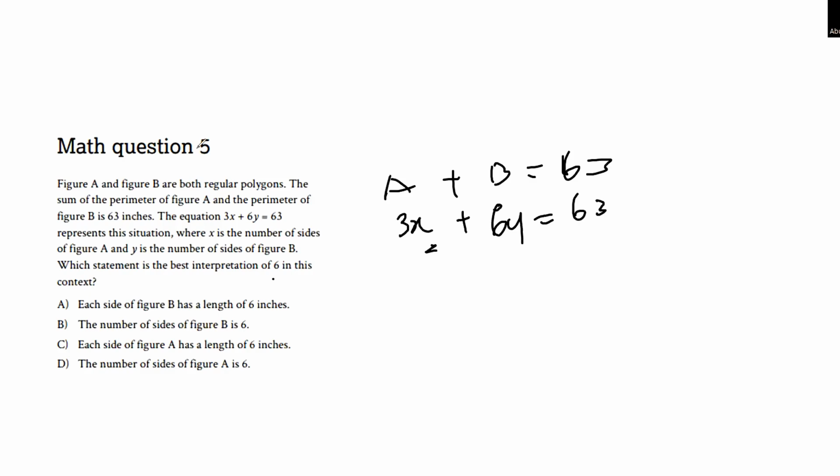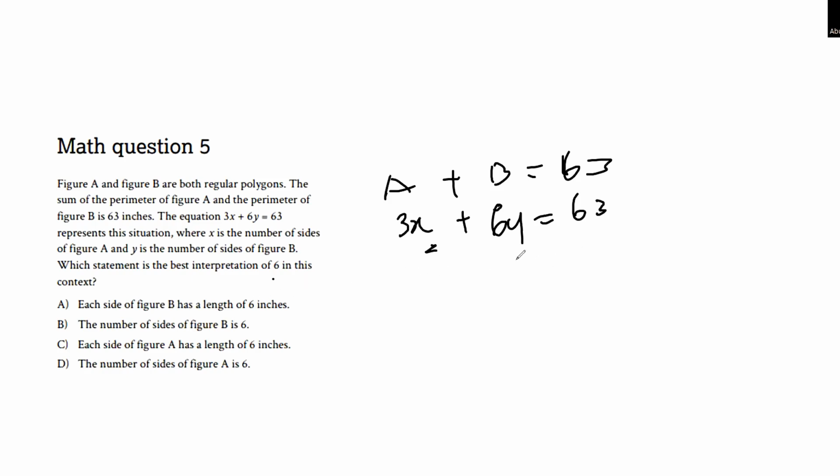Now, this question reads that for B, y is the number of sides of B, and A and B are both regular polygons, and the sum of the perimeter of A and B is equal to this. So it just shows that each side of the figure has the same length.